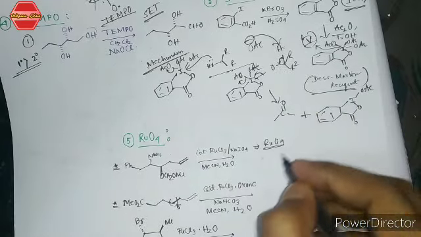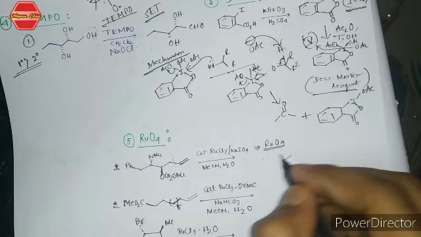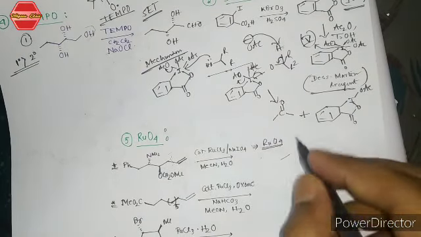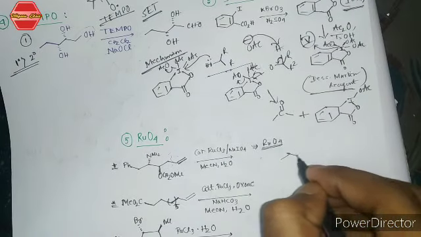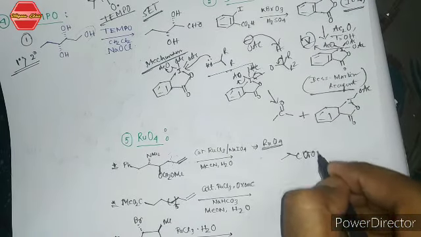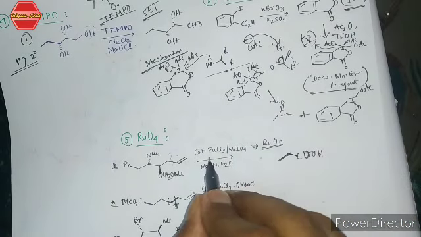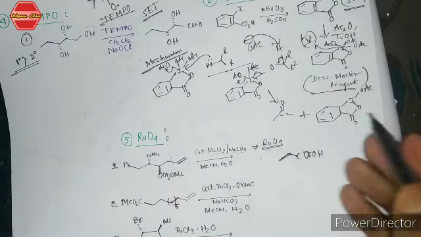The overall part will remain the same, and this part also remains the same, and from here you will get the acid. So it will convert directly to acid in presence of RuCl3 and NaIO4. So this is an important criterion.